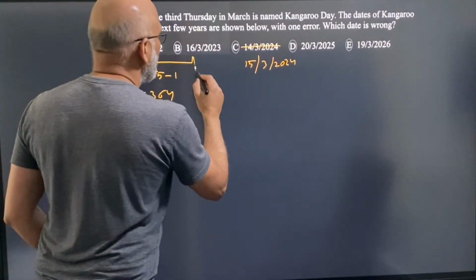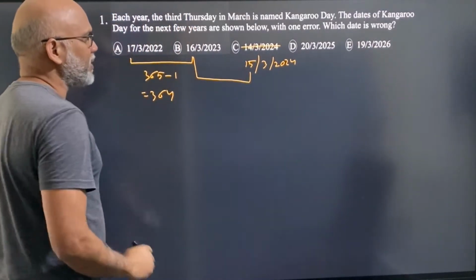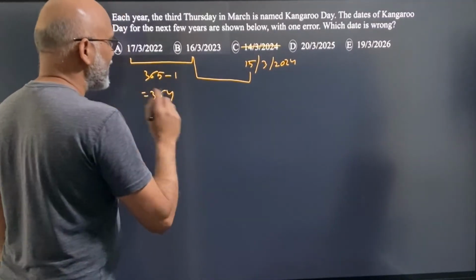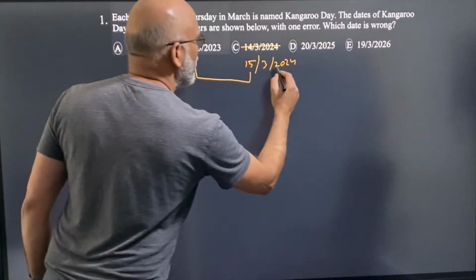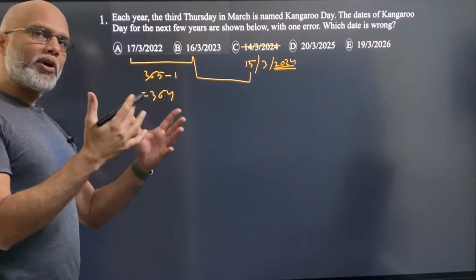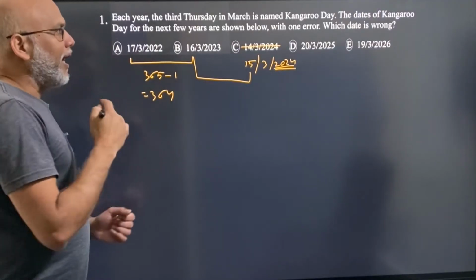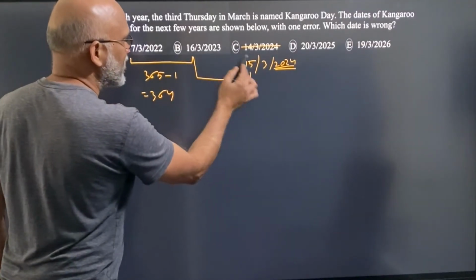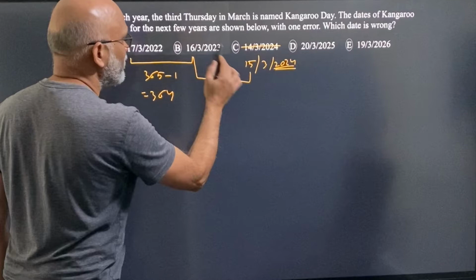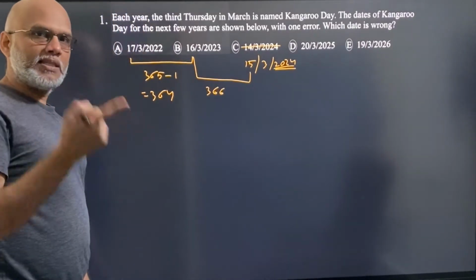Now, what about from 15th to 16th to this 15th? So how many days will be there? Now, in this case, notice that 2024 is a leap year. Leap year meaning the February has 29 days instead of 28 days, right? And the February falls in this date range, right? So February comes before March. So this will have 366 because leap year has 366 days.